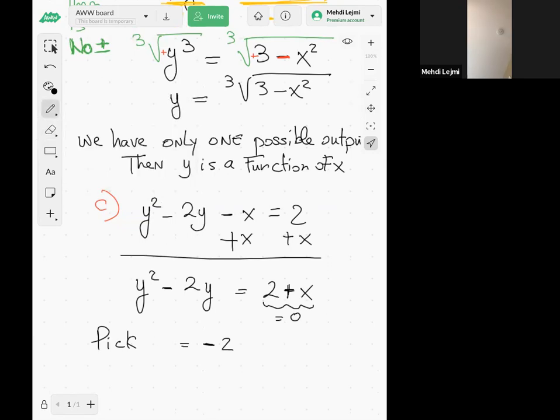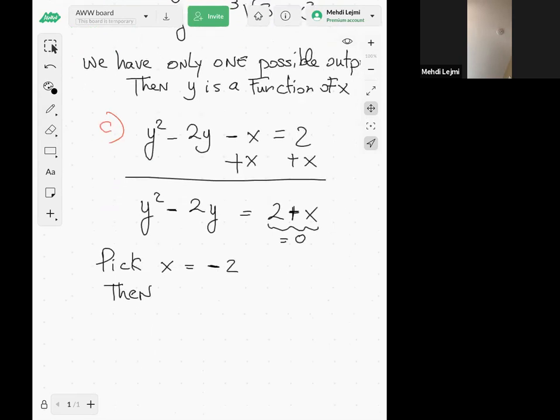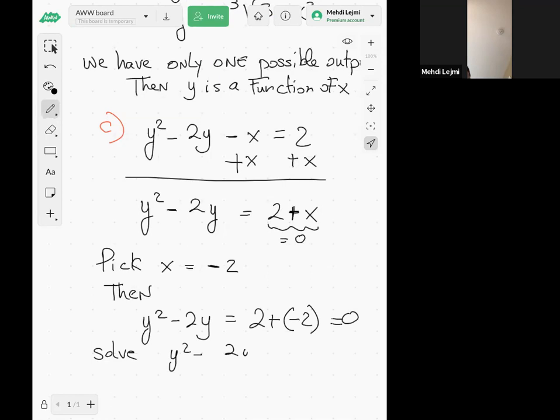Then if my input x is -2, we're going to have y squared minus 2y equals 2 plus, of course, -2, and that will be 0. So we have to solve y squared minus 2y equal to 0.